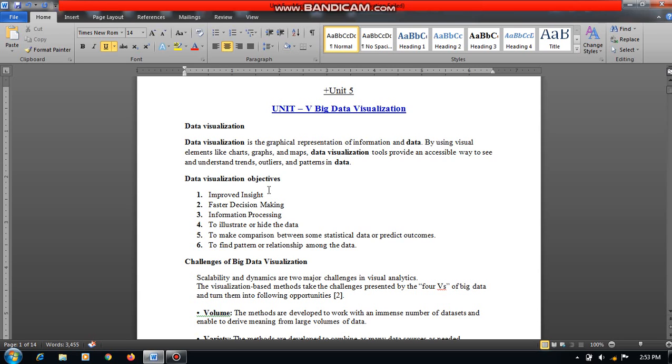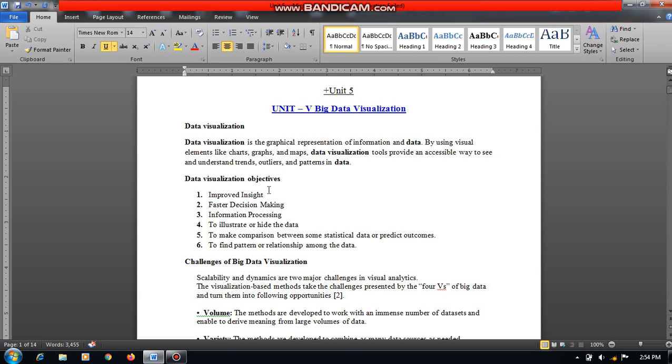Volume represents the quantity of your data. Then variety: your data is present in various forms, like graphical form, voice form, image form, video form, etc.